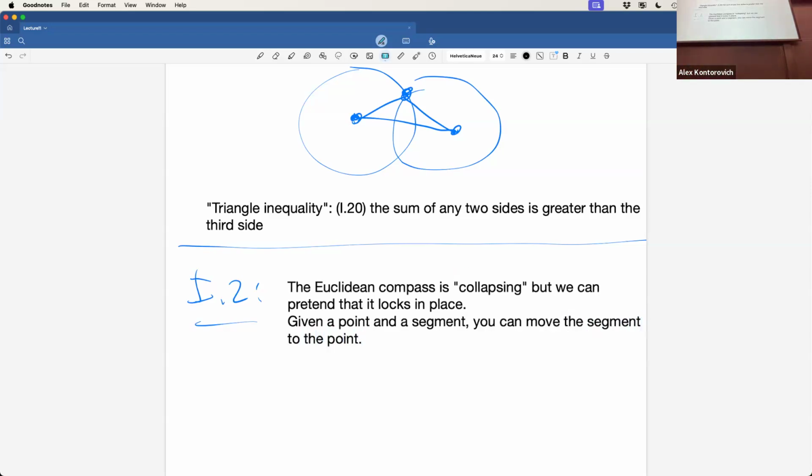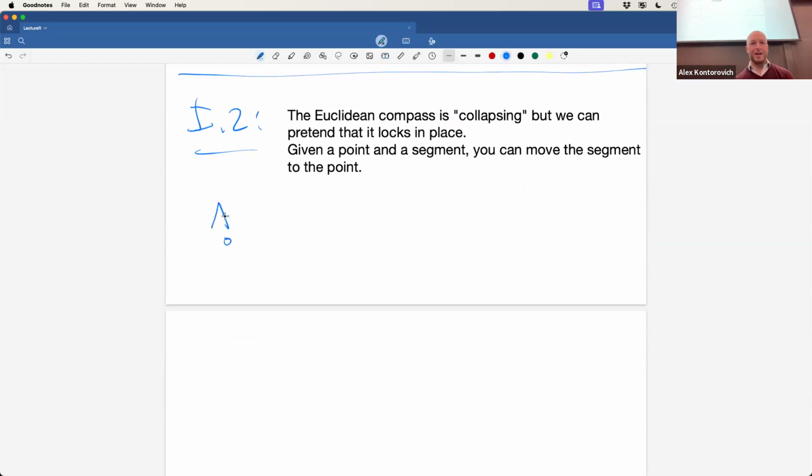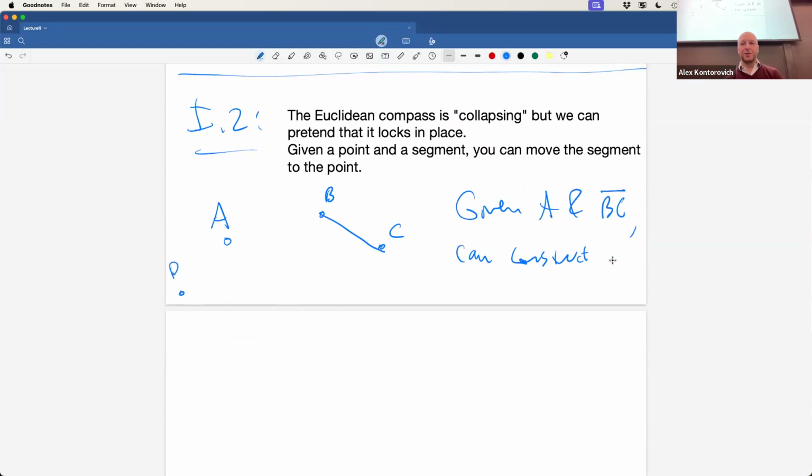Okay, so more precisely, if I have a point A and I have a segment BC, so given A and a segment BC, I can construct some point D somewhere, and construct D so that AD is equal to BC, so that these two things are equal. Even though I have a collapsing compass.